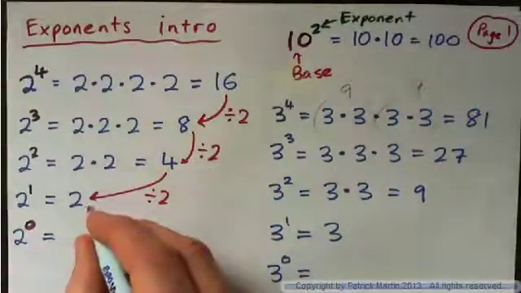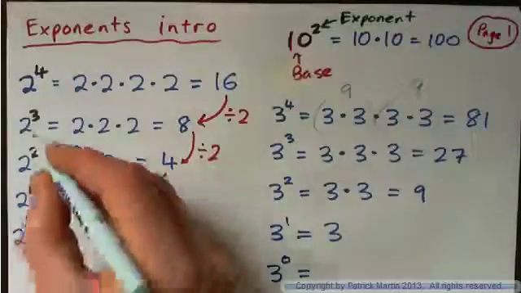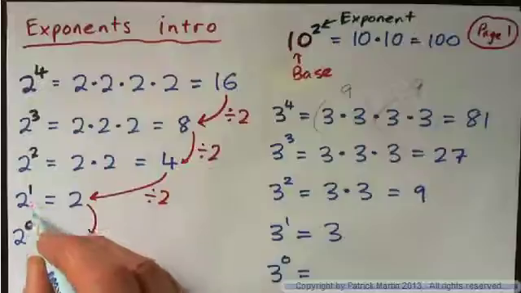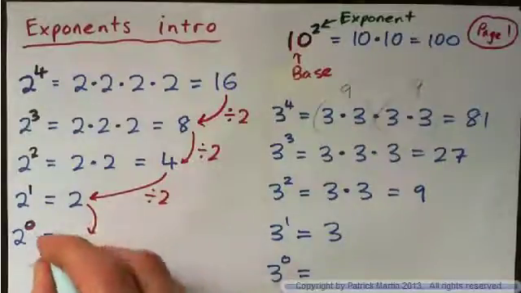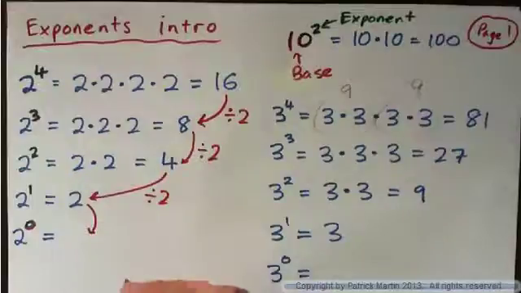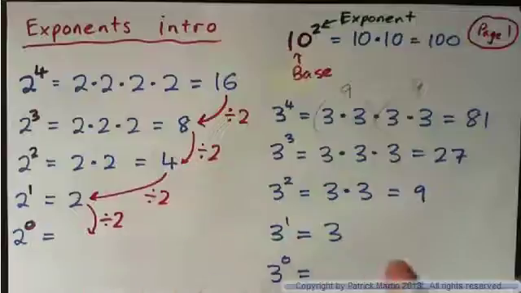So if I take this number, and if I once again drop one number in the exponent, what is the answer going to be here? You're going to take this number, divide by the base, and you're going to get what?